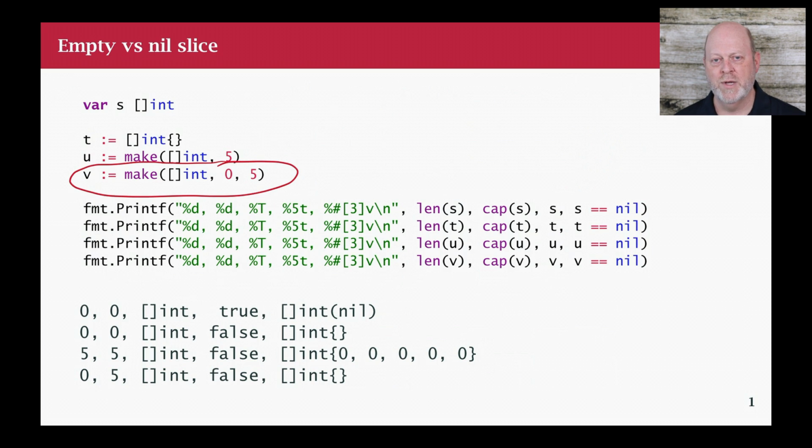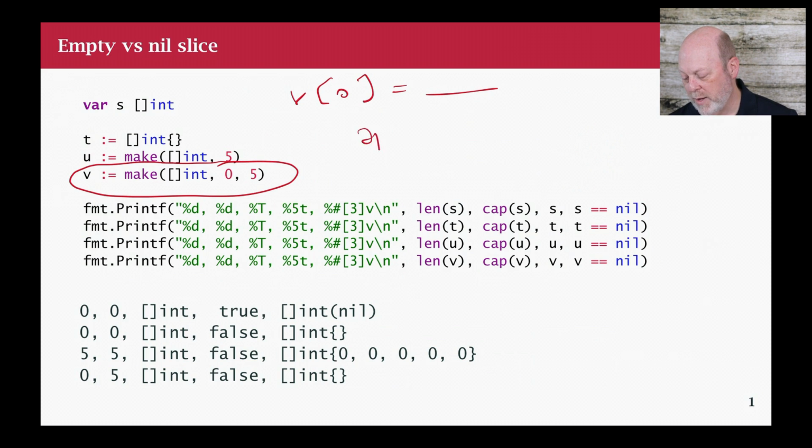And so what I want to do is assign to it, something like V0 gets some value. But every once in a while, what I'll do is do it this way and say, hey, create capacity for something, and do append. All right, and that's fine because the slice is empty and I can append to it.